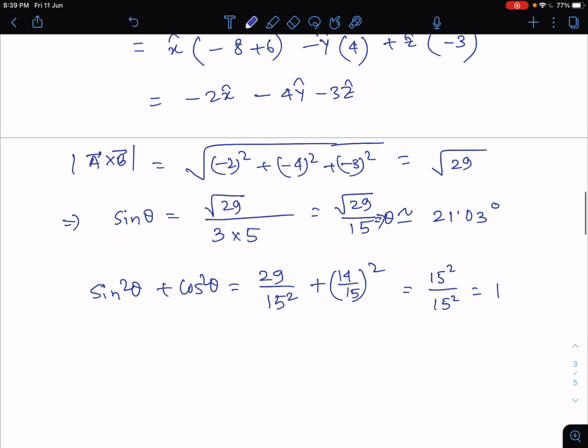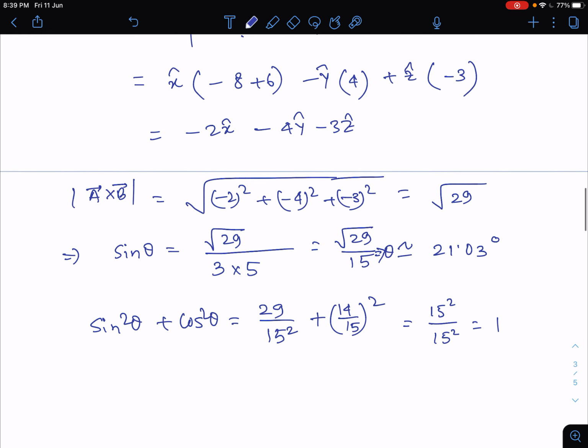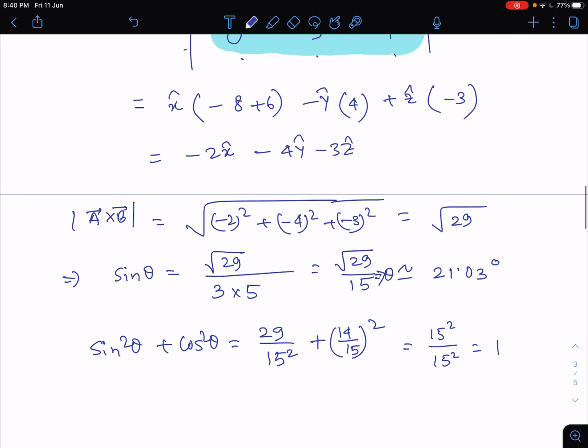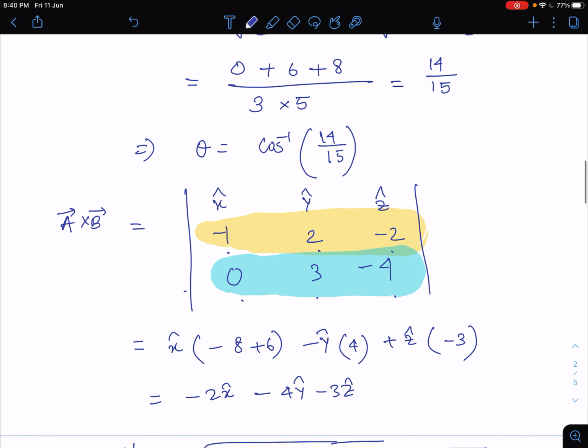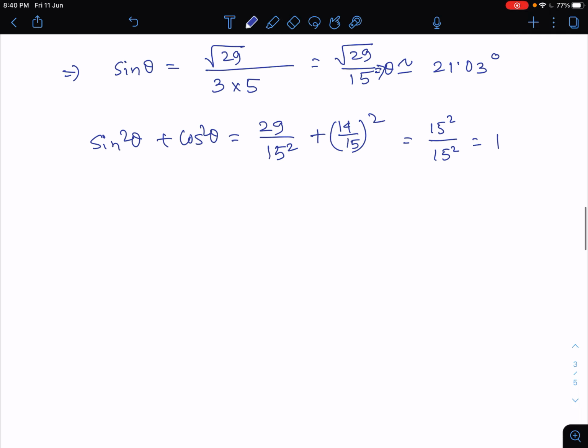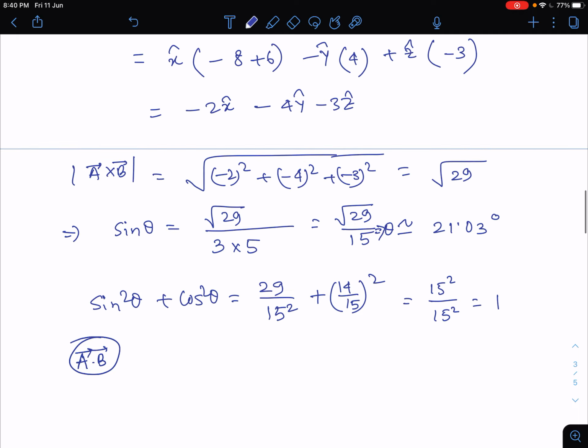So in this way you can obtain the theta angle. You just see that the second method is cumbersome rather than the first method. If you want to evaluate the angle with the cross product, that is cumbersome. So it's preferred to do it with the dot product formalism, where you need to calculate just A dot B.